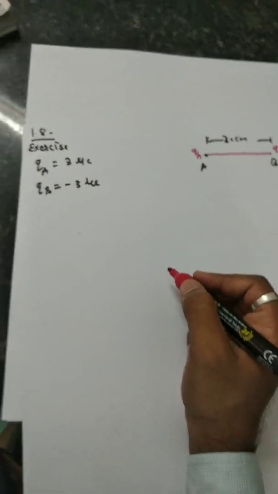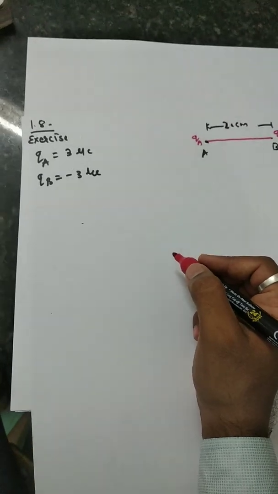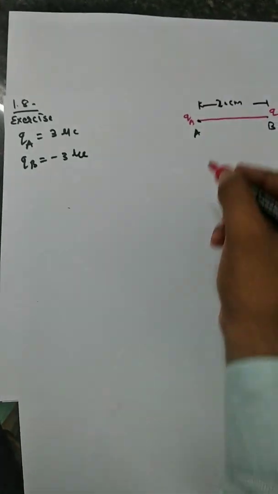So what is the electric field at the midpoint of the line AB joining the two charges?